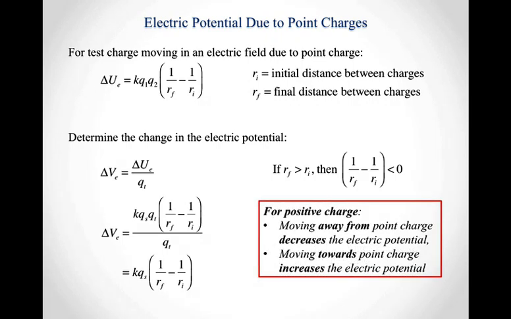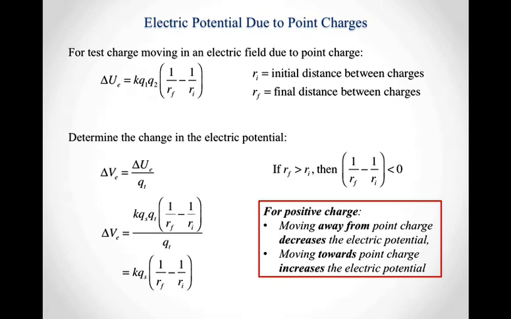So if the term in parentheses is negative, then whether or not the electric potential is increasing or decreasing depends not just on this term, but also on my source charge. So if I have a positive source charge, moving away from the positive source charge is going to give me a positive K, positive Q, and a negative term within the parentheses. So moving away from my positive point charge is going to decrease the electric potential.